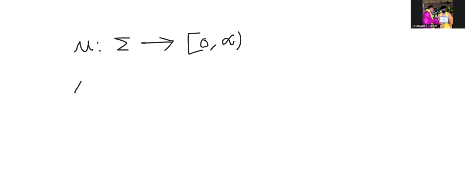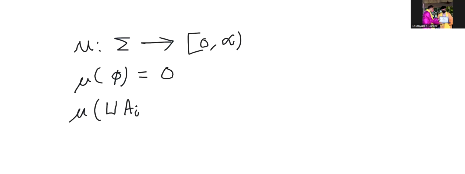Now, your intuition says that the probability of nothing happening should be zero. So that means mu of phi should be zero. That is the first rule. And then if you have a disjoint collection of subsets A_i, so this symbol means disjoint, then mu of the union should split up into the sum of the individual values.